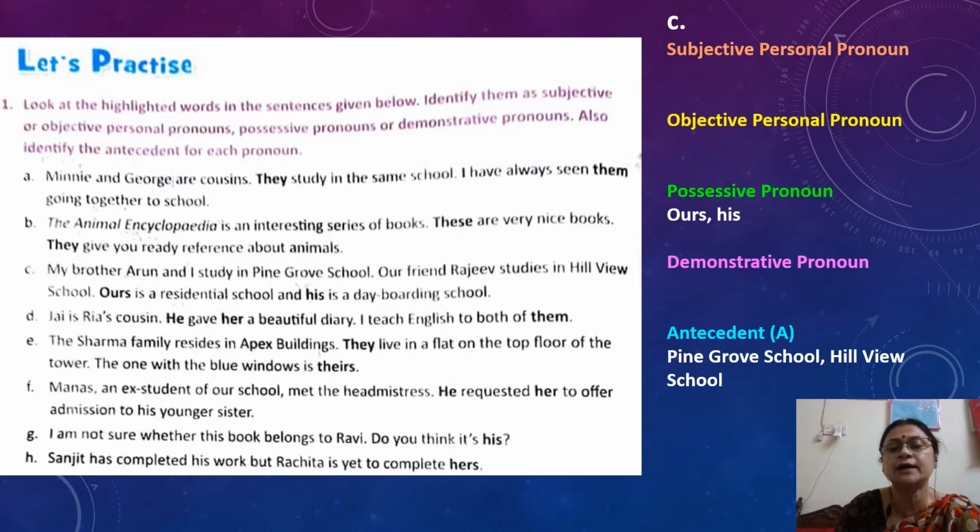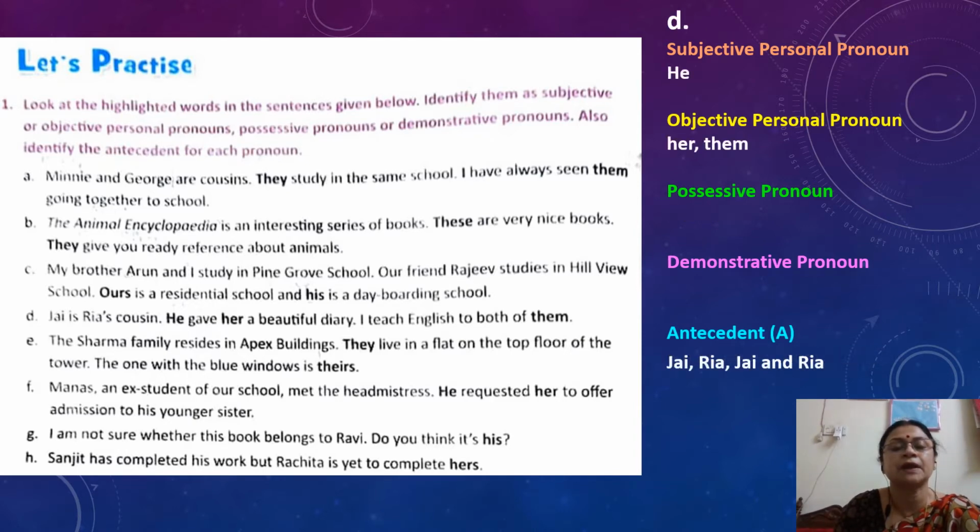Let's move to the answer. See here, them is also highlighted. Now, he is the subject in the sentence as well as the pronoun, so he is a subjective personal pronoun. Her is the object in the sentence as well as the pronoun, so her will be an objective personal pronoun.